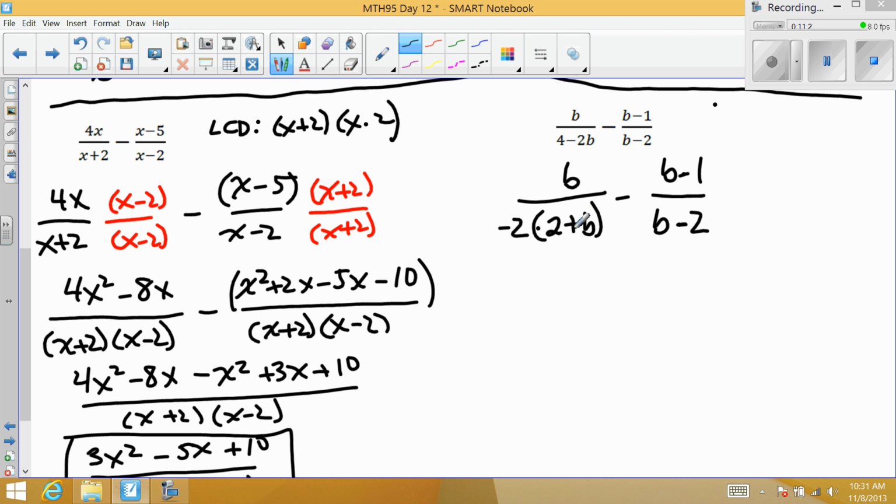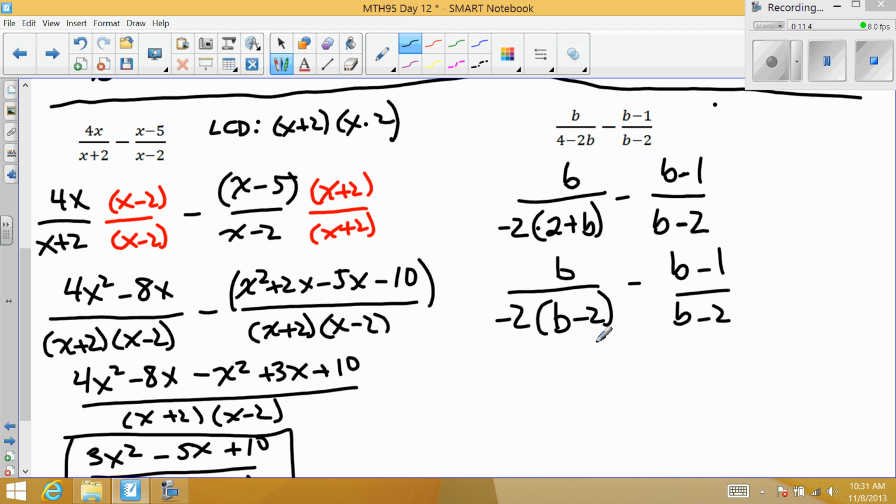Okay, and negative 2 plus b is the same thing as b subtract 2. Let's go ahead and write it that way, b subtract 2. So now I can see my least common denominator will be the b subtract 2 and the negative 2.